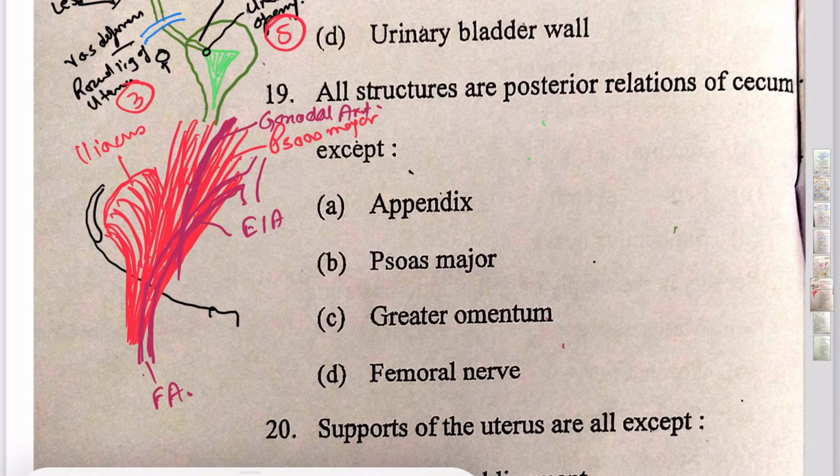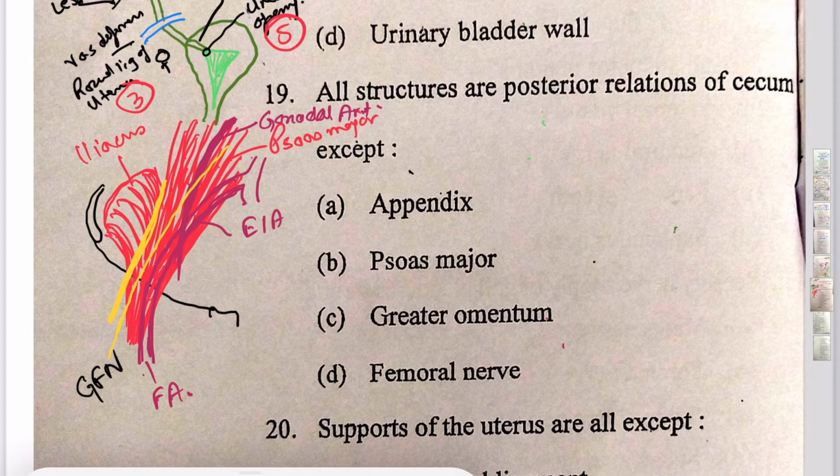Now the other relations are the nerves. Obviously the femoral vein also will be there, but I'm not drawing the veins. Here this nerve descends in anterior relation to psoas major. Remember this: this is the genitofemoral nerve. Then this thick nerve which emerges runs between psoas major and iliacus and passes below the midpoint of the inguinal ligament.